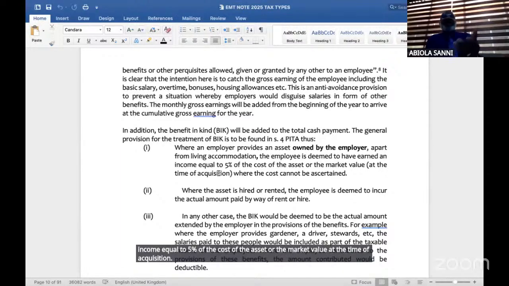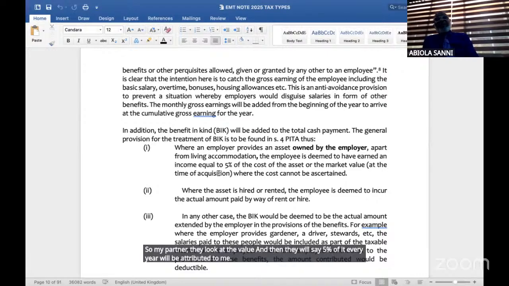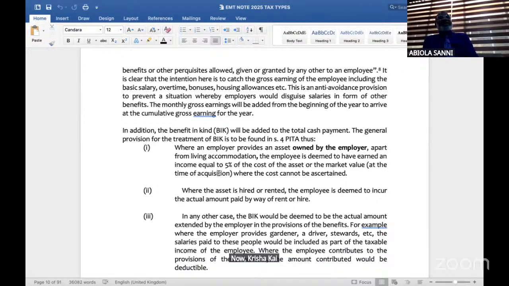So my car now, they will look at the value and then say 5% of it every year will be attributed to me. My official car is almost 16 years old, so the value is not likely to be that much.